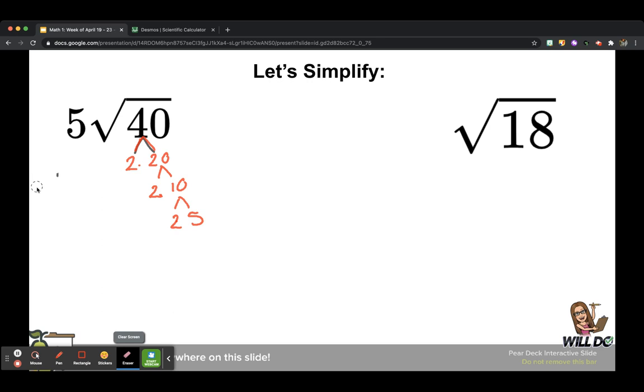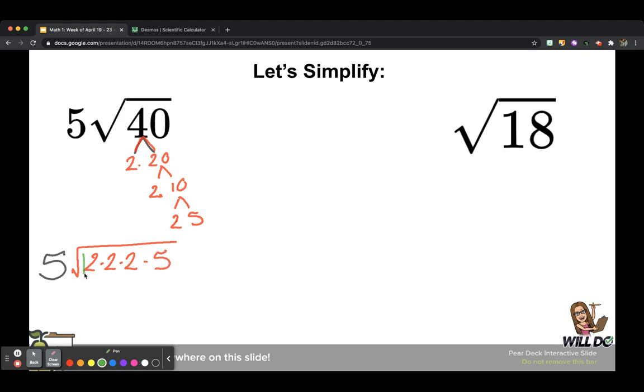Let's rewrite that. Okay, so let's put the 5 there, and the square root, 1, 2, 3, 3 2s, and a 5. Looking for those perfect squares, I see 2 times 2, which I know is technically the square root of 4, which is 2. So that 5 hangs out there on the outside.